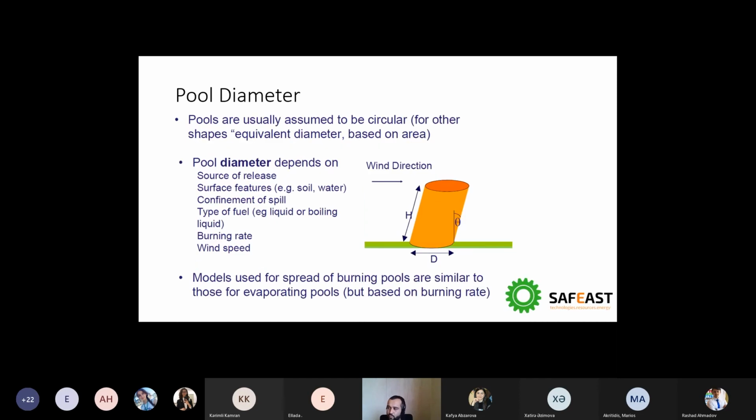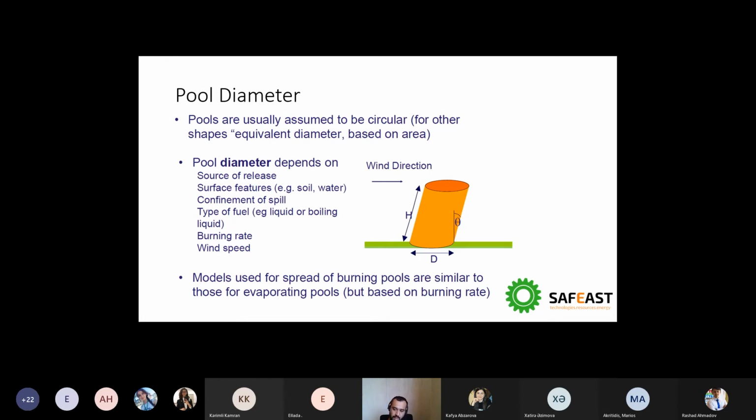So when we do pool fire calculations, in terms of the source term we are trying to identify the diameter, the height of course, and the tilt angle due to the wind effect. The diameter of the pool again depends on the source of release and the surface features.